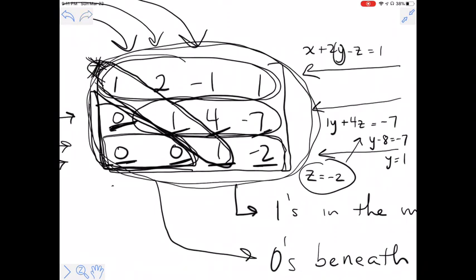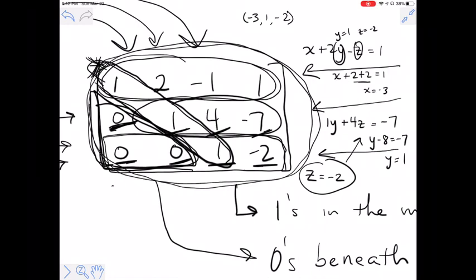But then we can use the fact that y equals 1 and z equals -2 to write this as x plus 2, and then minus z means minus -2, that's plus 2 equals 1. 2 plus 2 is 4, subtract that on both sides and you get x equals -3. So once a matrix is in row echelon form, you can use that to solve for the variables, and we get a solution here of -3, 1, -2.